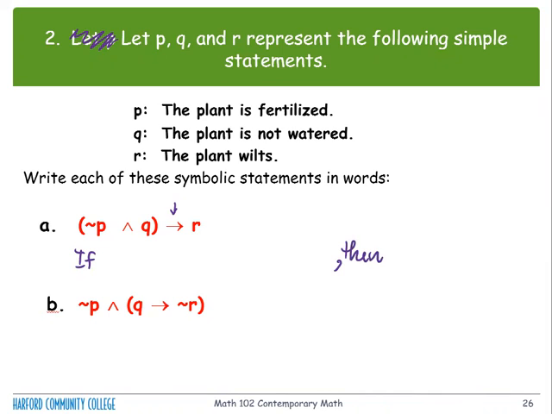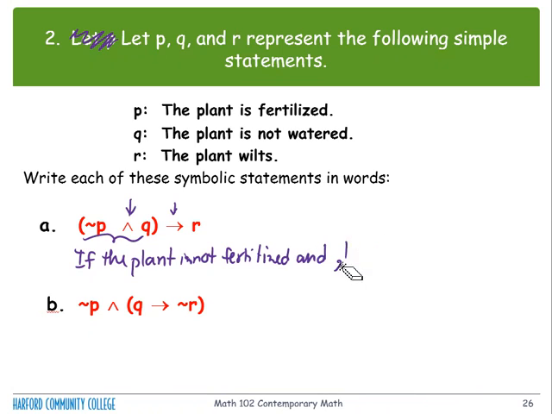To the left of the comma sign is the compound statement in the parentheses, which contains not P and Q. Not P is the negation of P. So we write the plant is not fertilized, with the connective and, and followed by Q, the plant is not watered, and comma sign.